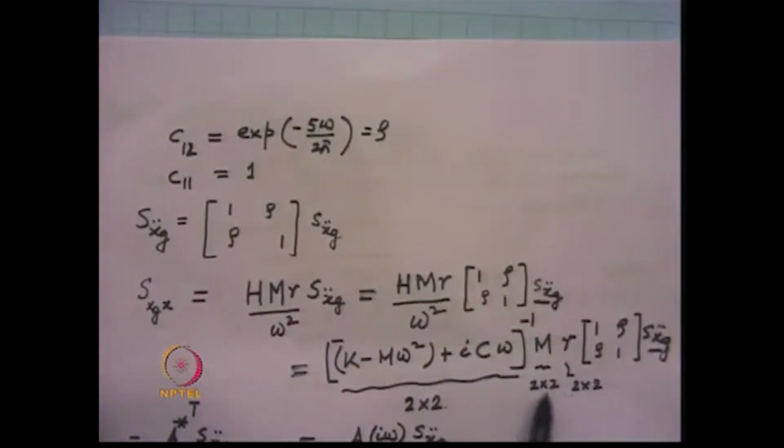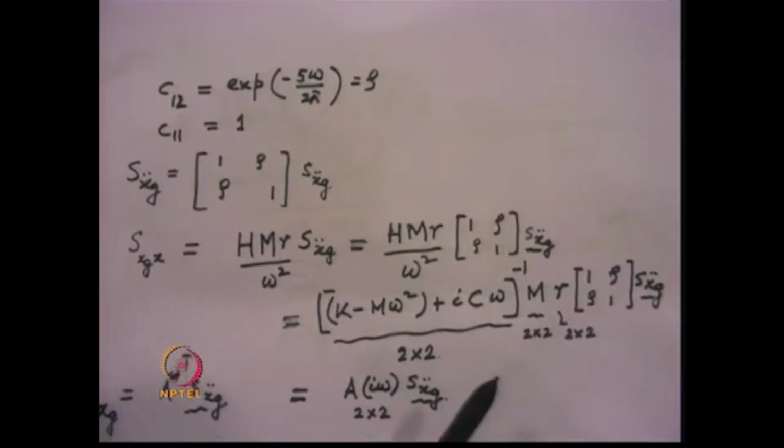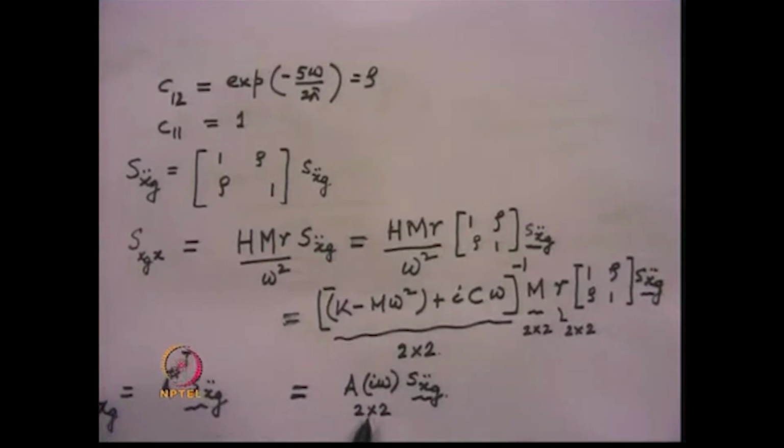And all of them are 2 by 2 matrices. Therefore, this multiplication of the matrices for a particular value of omega leads to a 2 by 2 matrix of this form, A(i omega) into Sx double dot G. Since this term will be a complex term, this matrix is expected to be a complex matrix of size 2 by 2, multiplied by Sx double dot G.